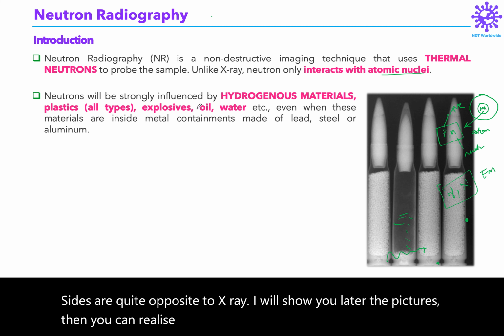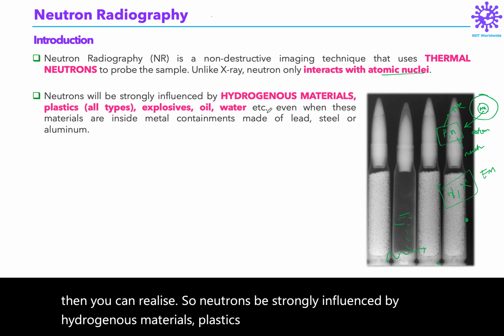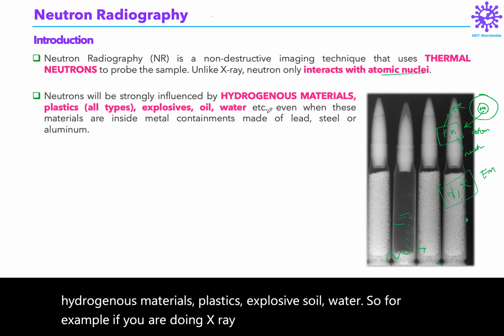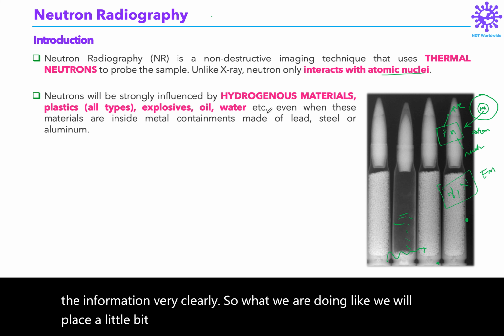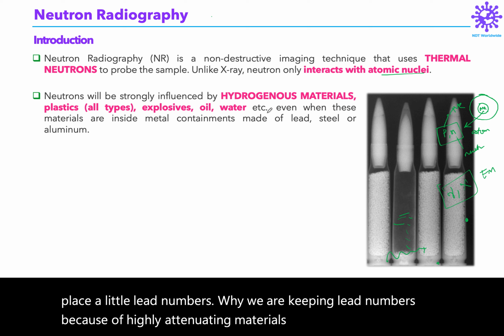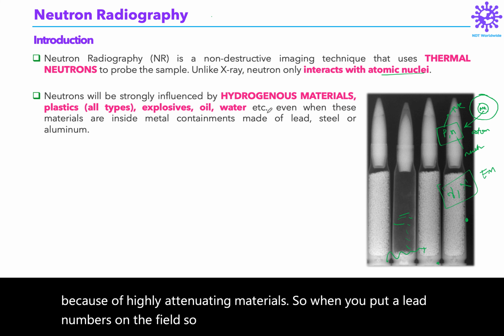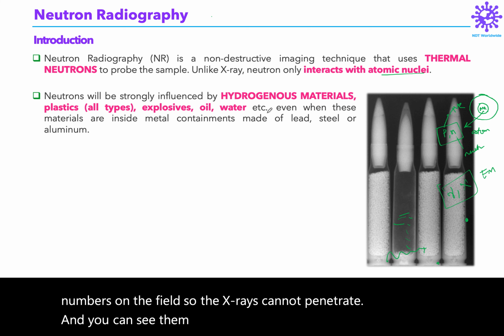Neutrons are strongly influenced by hydrogenous materials: plastics, explosives, oil, water. For example, in X-ray or gamma ray, if you want to see the information very clearly, we place lead numbers. Why do we keep lead numbers? Because they are highly attenuating materials. When you put lead numbers on the film, the X-rays cannot penetrate and you see them as a white color density.